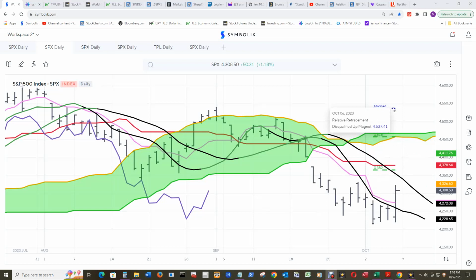This magnet level here, 4537.41, is in line with this close back here on July 27th, 4537.41, and that means we got above the high here just about 4540.82, or we're getting pretty close to that area, which is important for the D wave, down wave 2 area to possibly shift over and replace the D wave down wave 4 if we make it up that high.